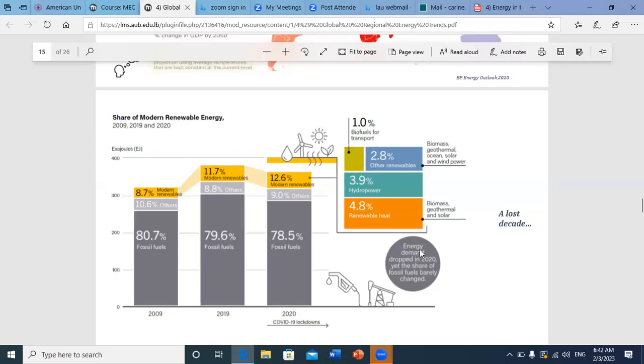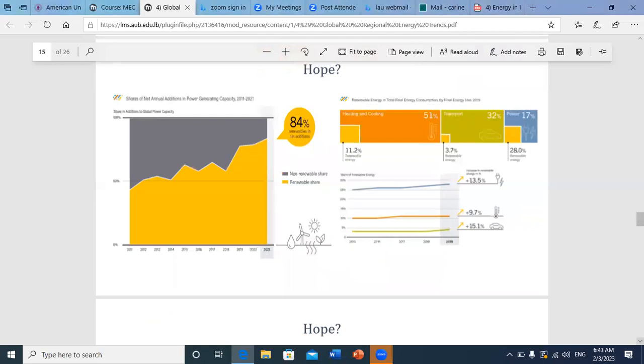So we know that because of COVID-19, the energy consumption was reduced because of lockdown. But in general, we expect that in normal conditions, we'll always have an increase in energy consumption over the years. And you know that during the lockdown, one of the main advantages was the effect on the environment.